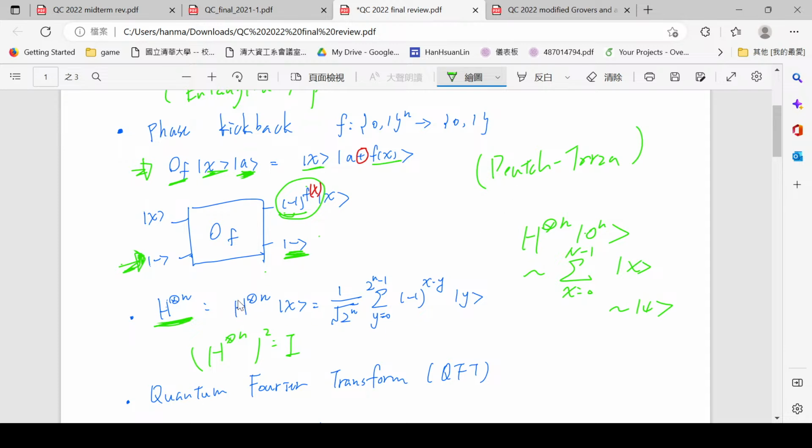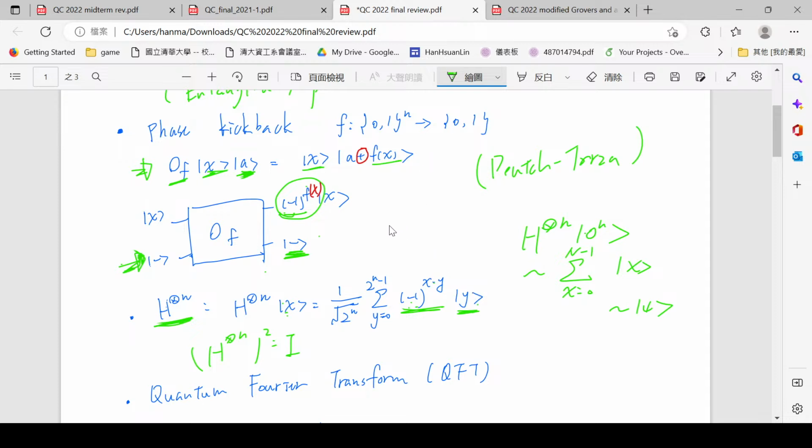But if you put it on another computational state, say x as some n-bit string, it is still an equal superposition of every computational basis state, but now you get this weird -1 phase. Some of the y get this -1 and some of them don't. The rule is (-1)^(x·y), where x·y is the inner product between those bit strings.